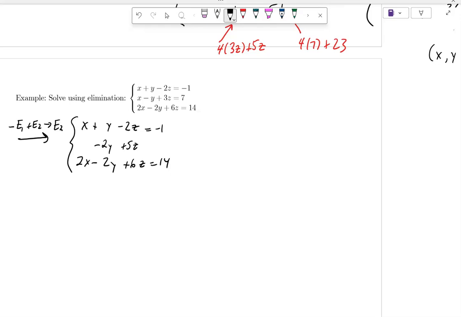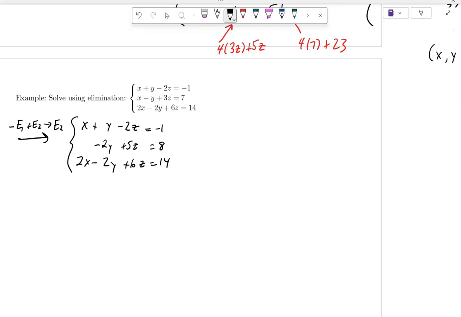Positive 1 plus 7 is going to give us positive 8. Okay? Remember again, we're taking each of those and multiplying by negative 1 and then adding, right? So you get negative y plus negative y, positive 2z plus 3z, positive 1 plus 7.